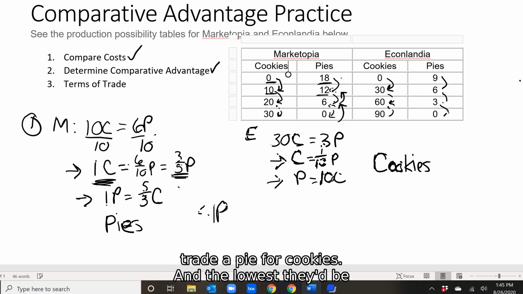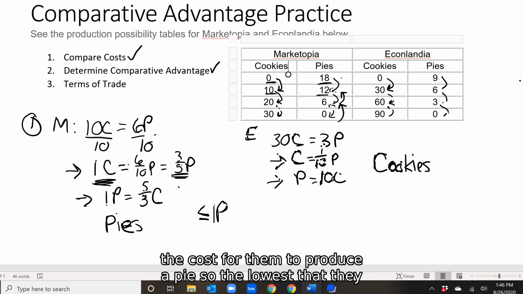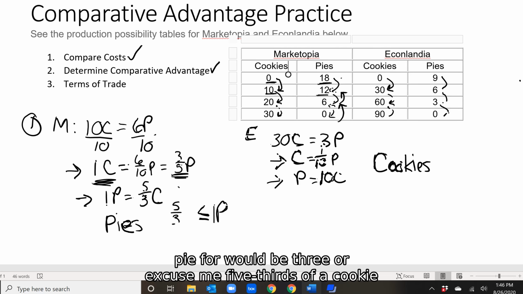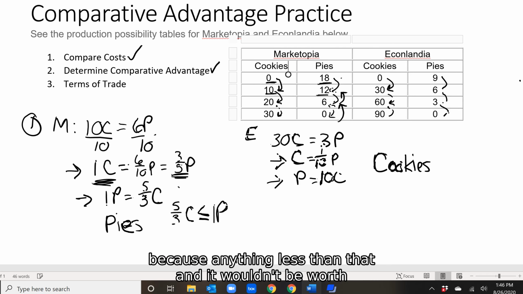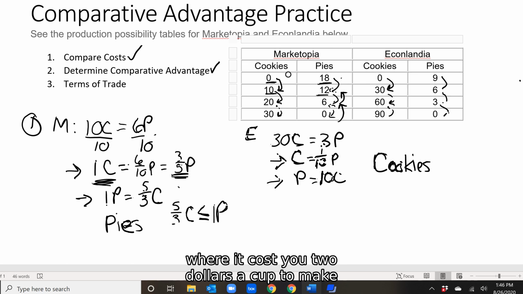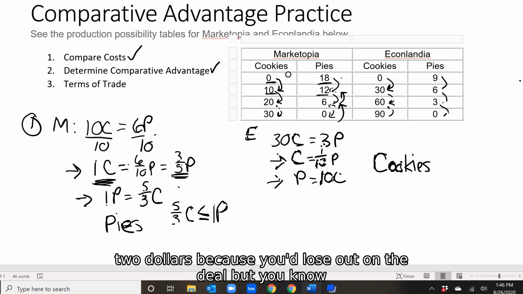And the lowest they'd be willing to sell a pie for is the cost for them to produce a pie, which would be 5/3 of a cookie. Because anything less than that, it wouldn't be worth their time. This would be like having a lemonade stand where it costs you $2 a cup to make your lemonade. You wouldn't want to sell it for less than $2 because you would lose out on the deal.